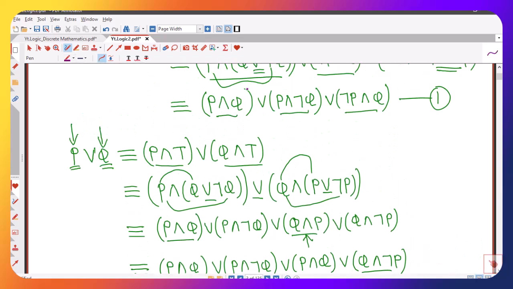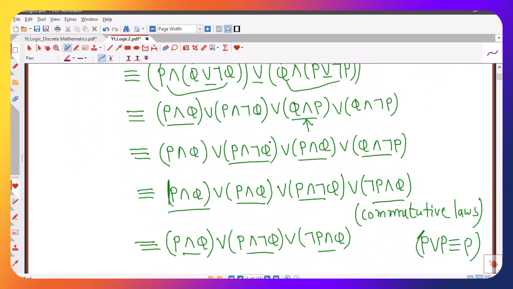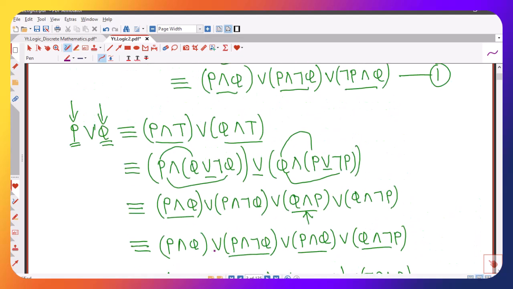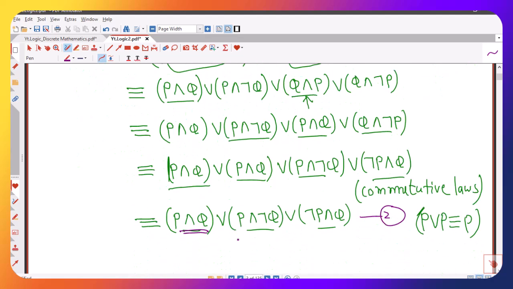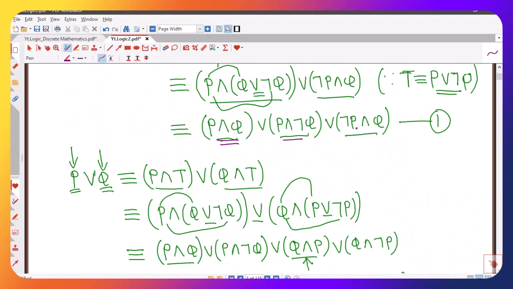Okay, I can give this number 2. Here I have P and Q, so you can see here also I have P and Q. Then P and negation Q, so same thing here, P and negation Q. Then negation P and Q, that is also here negation P and Q.